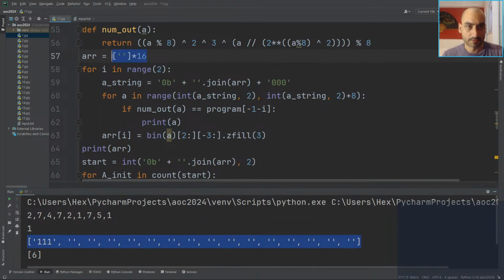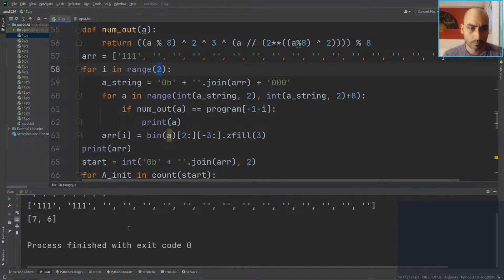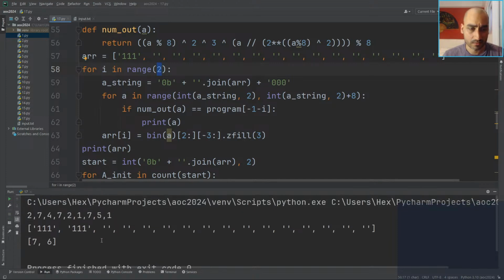Just say it's this. Seven and 6. Wait, no. What's this? What are we printing?